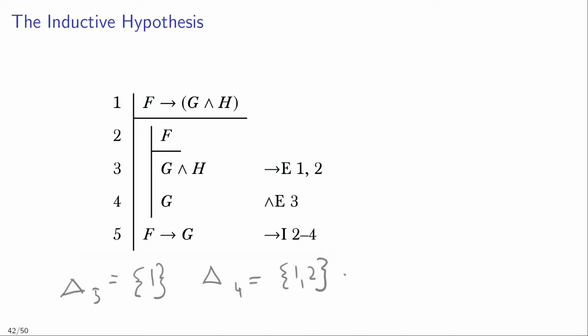And that's also delta 3. Delta 2 is just the set that includes only line 2. And delta 1 is the set that includes only line 1. So in general, delta n denotes the set of premises on which line n depends.